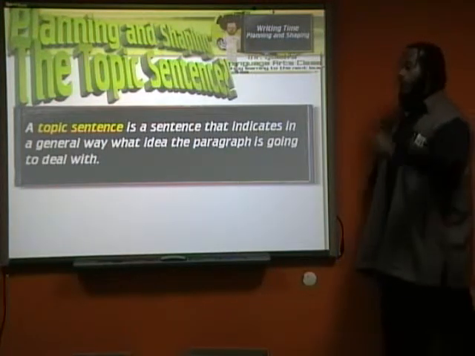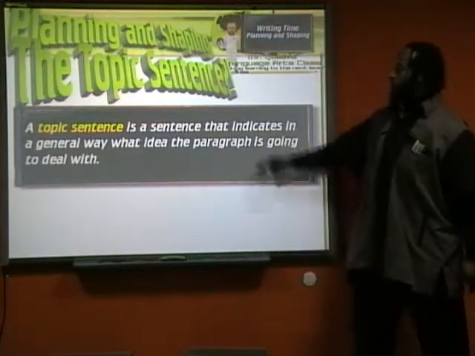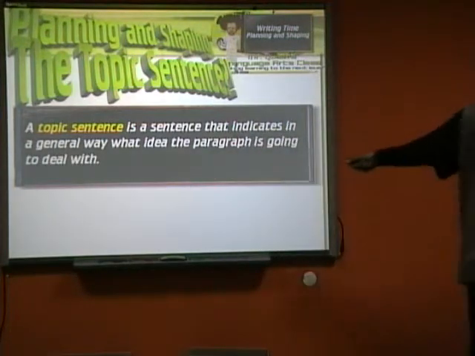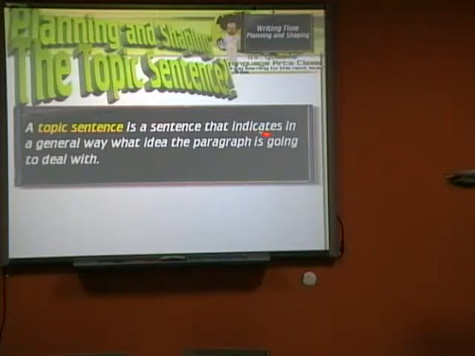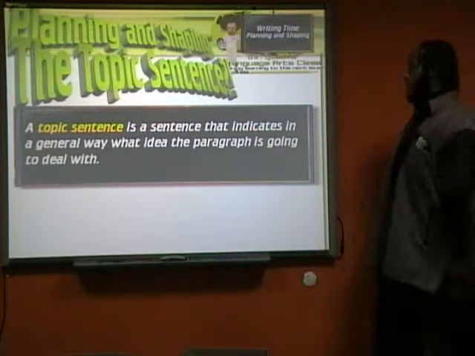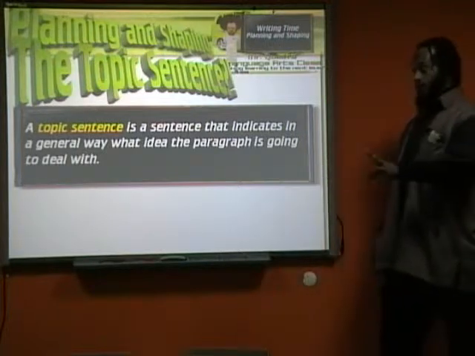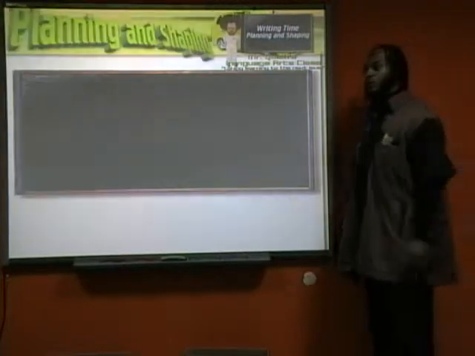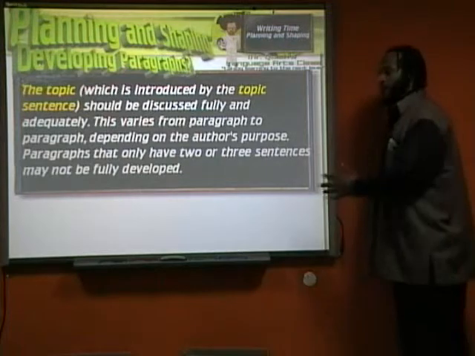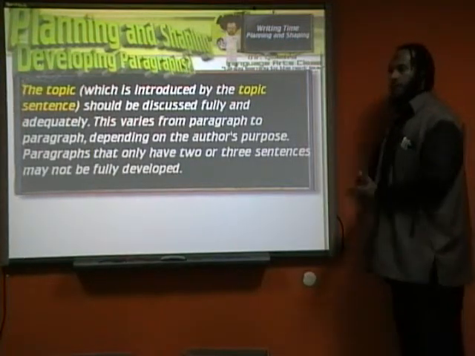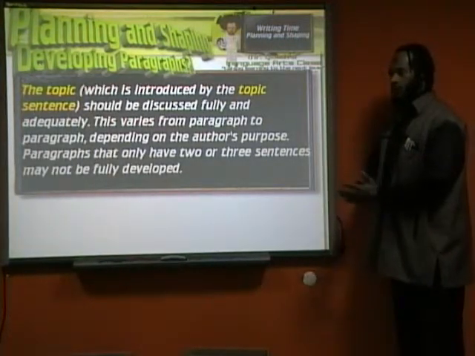A topic sentence is a sentence that indicates in a general way what the idea of the paragraph is going to be about. So we know that already, so we can move on. Topic sentence, paragraph, thesis, essay.